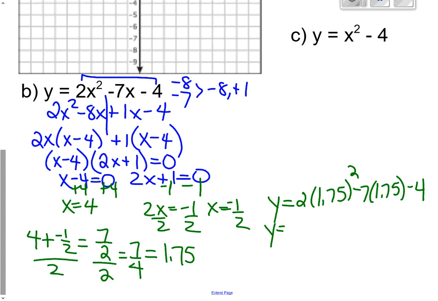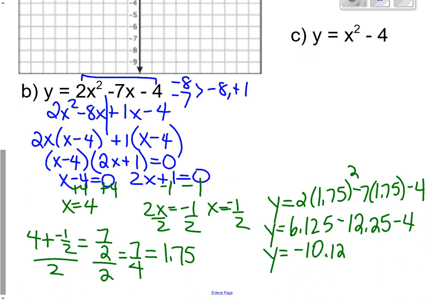So 1.75 squared, and then times that by 2 gives me 6.125, and then 7 times 1.75, so that's going to be minus 12.25, and then minus 4. So 6.125 minus 12.25 minus 4 equals negative 10.125. All right, so 1.75 comma negative 10.125 is going to be where our vertex is at.